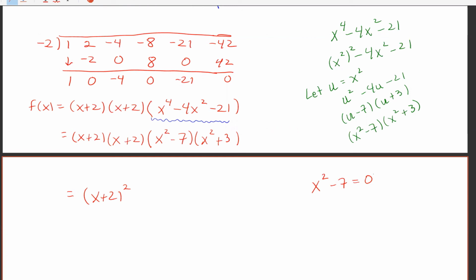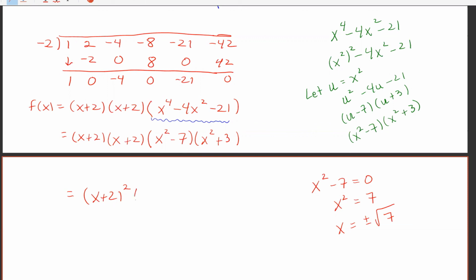And then for this x squared minus 7, I kind of lied to you that we can't factor it. We can't factor it over the integers, but we can factor it over the reals. Because if we want to know the other zeros, we want to solve x squared minus 7 equals 0, which means we want to solve x squared equals 7. And we use the square root property that says x is plus or minus the square root of 7.